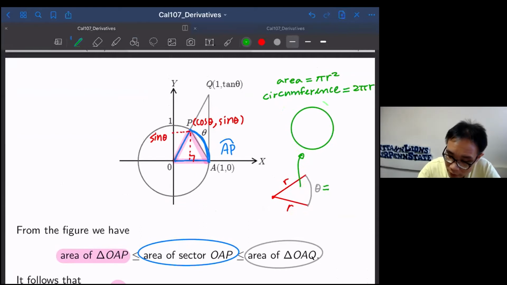So in this case, if you don't want the whole circle, you just have an arc or a sector here. So you have the center and you would want to just find this area.